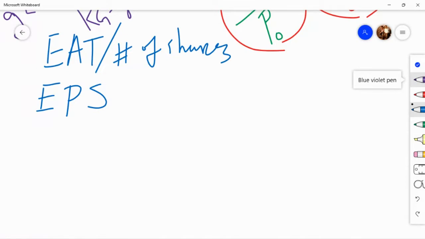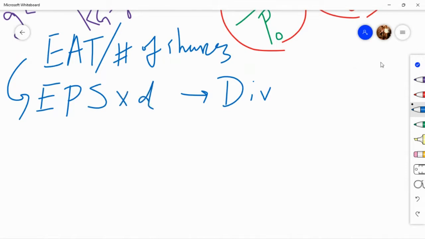So per share concept of EAT, earnings per share. Part of earnings per share is paid out as dividend. Okay? So how much of the earnings per share is paid out as dividend? That percentage is called the dividend payout ratio.